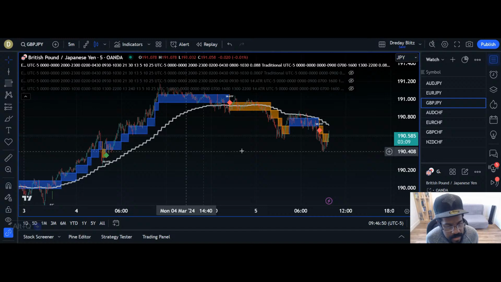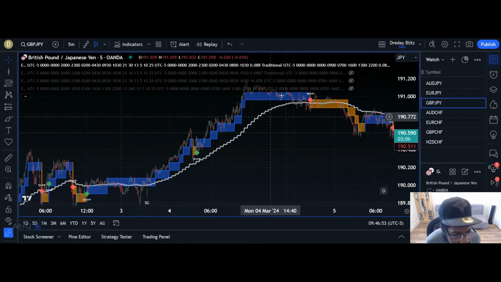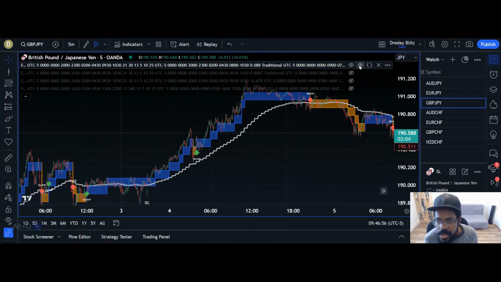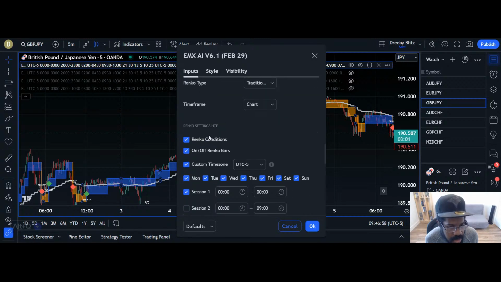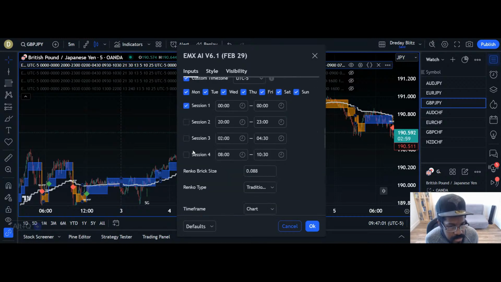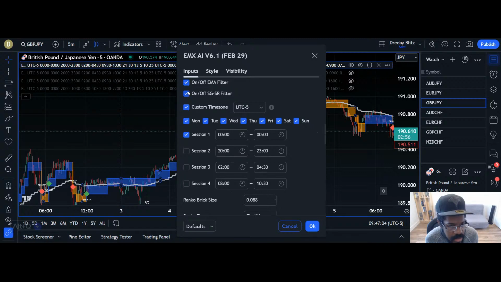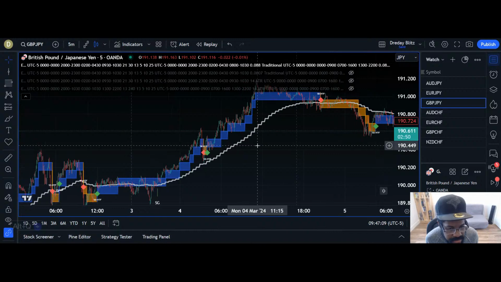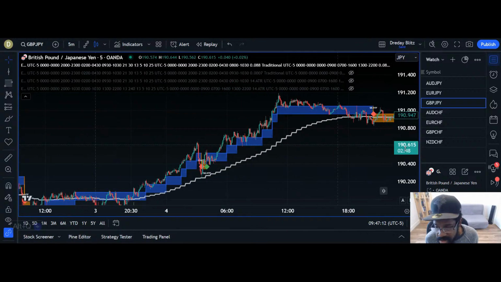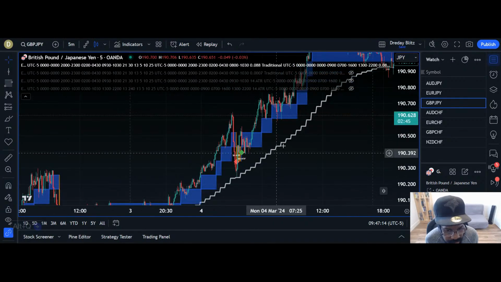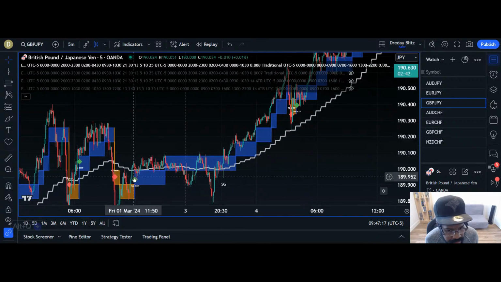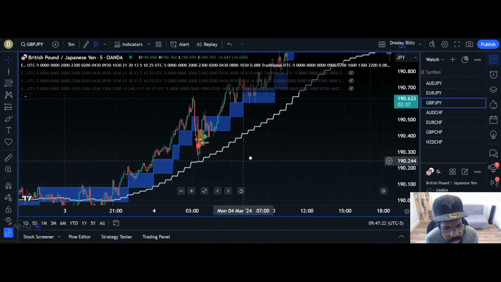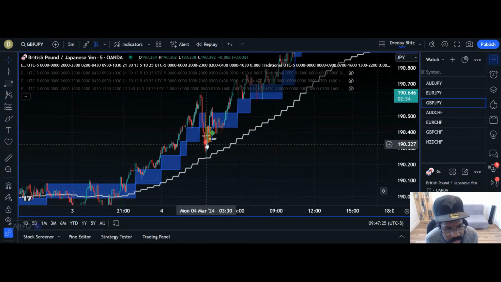So basically, if you look here, the automation took a sell here, and then took a buy.